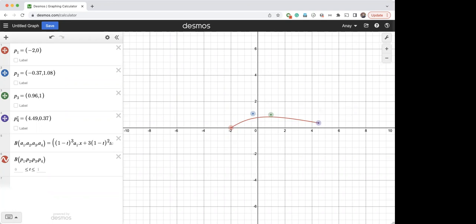What I would do is copy this up here, and instead of this, I'll simply replace each of the values here. So instead of P1, I will say this. Instead of P2, I will say this. P3, I will say this. And for P4, I would say this, correct? So I have this curve working.